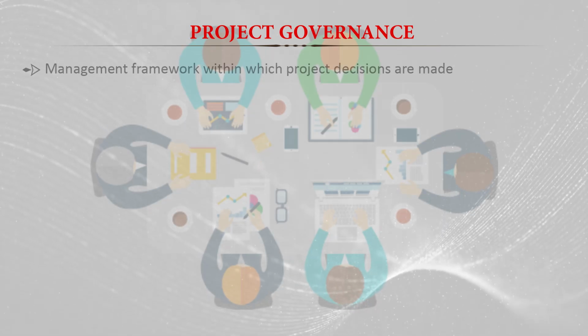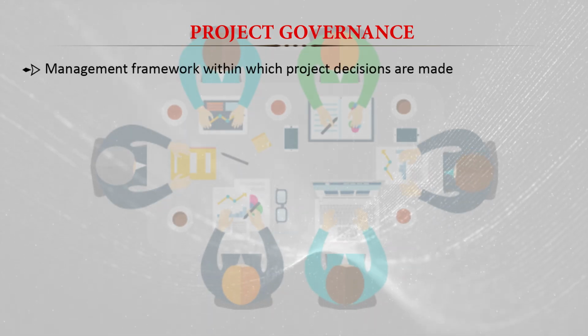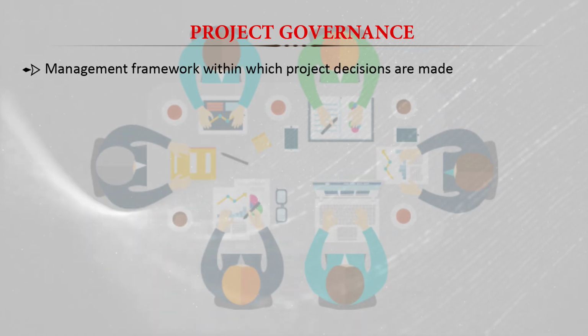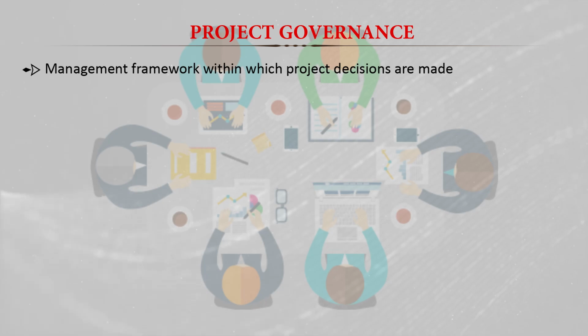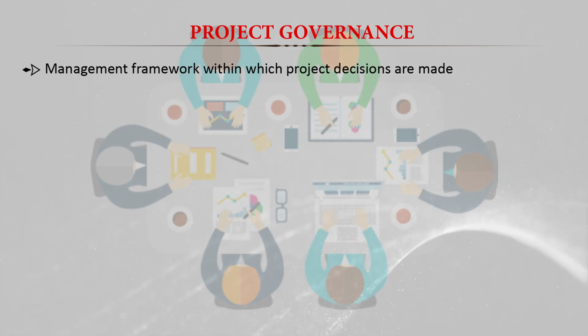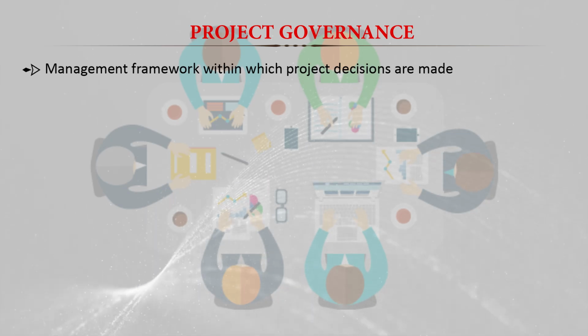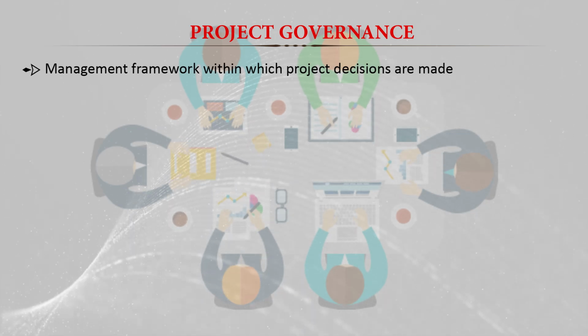And the second part of the terms of reference is the project governance. Project governance is basically a management framework within which the project decisions are made. So here, how we will be implementing, who will be taking the decisions related to projects, what are the different organizations or people or the level of people involved in the project activities, everything is defined in the project governance.